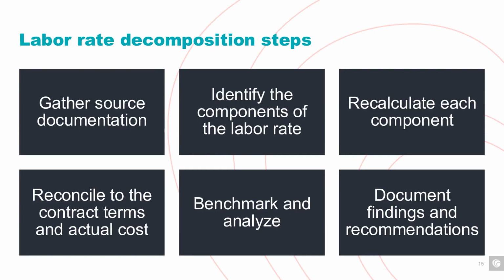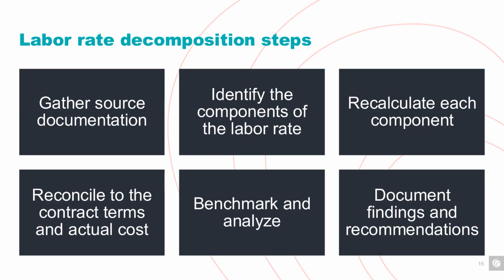Break down the hourly rate into its components. This is base wages, payroll taxes, workers' compensation or other insurances, your employee benefits, and other burdens that may be included, such as training costs, equipment, union dues, and other costs. And look for overhead and profit markup as well that may be included in the rate.